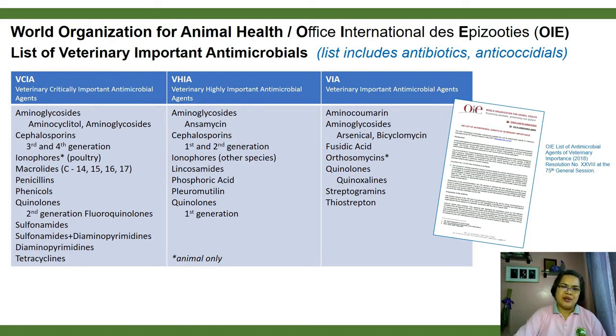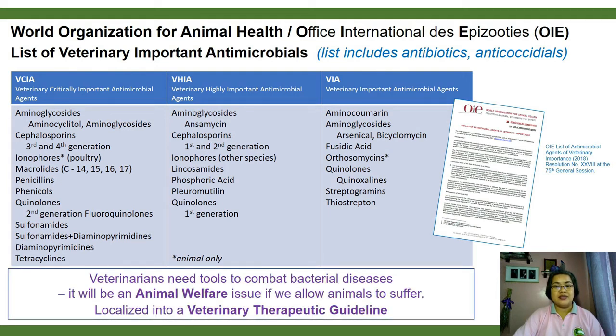When I attend webinars with the WHO, the OIE, and the FAO, the tripartite UN organizations helping with AMR, we often get comments that the WHO list is unfair to veterinarians, and I could not agree more. There is a need to harmonize the WHO and OIE lists because veterinarians still need antibiotics in their toolbox for treating animal diseases.